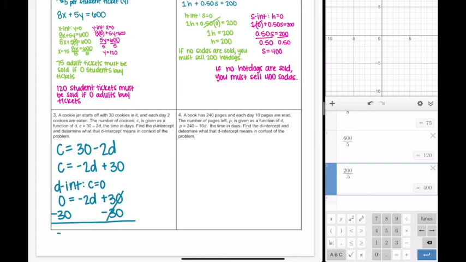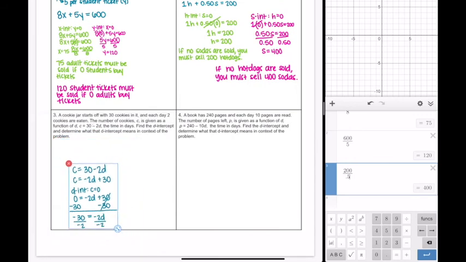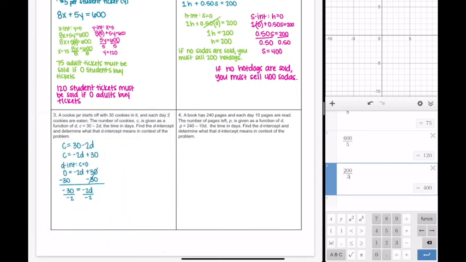And then we have negative 30 equals negative 2D, and then divide by negative 2. So that would give us positive 15 equals D.